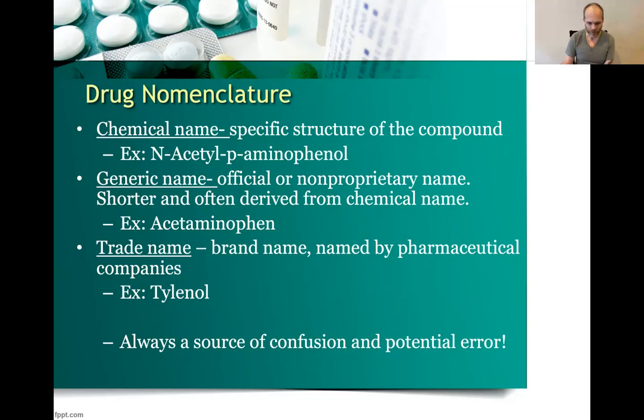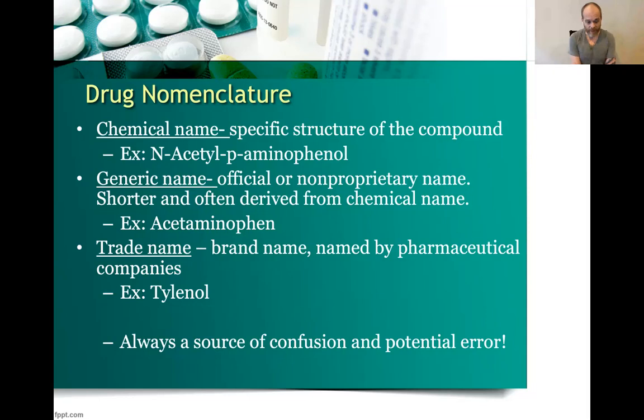So what are the differences? So chemical name, like I said, is the name given by chemists, pharmacologists for the structure of the molecule or the drug. The generic name is the official name of the drug, and it's often very similar to the chemical name.